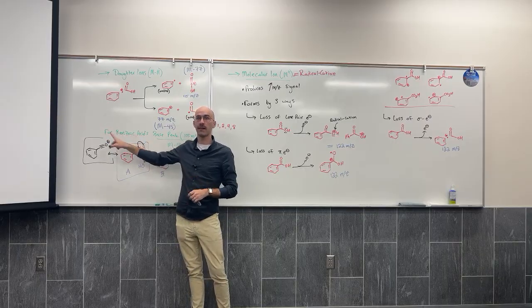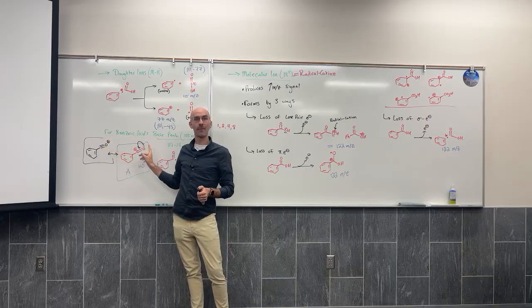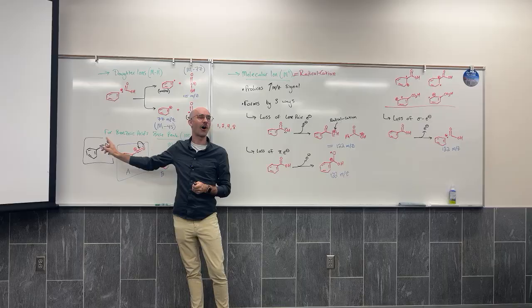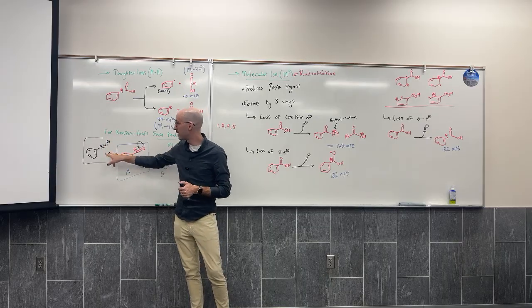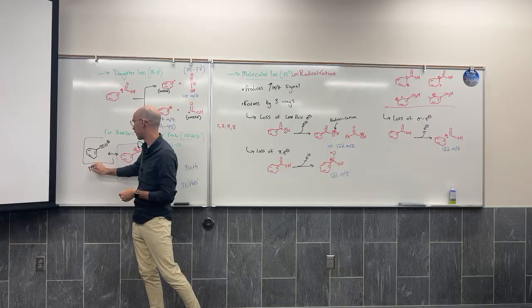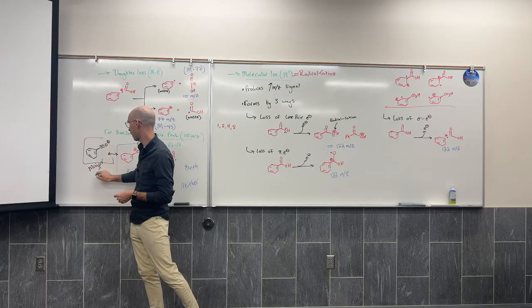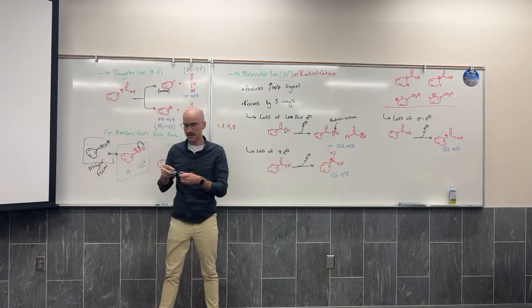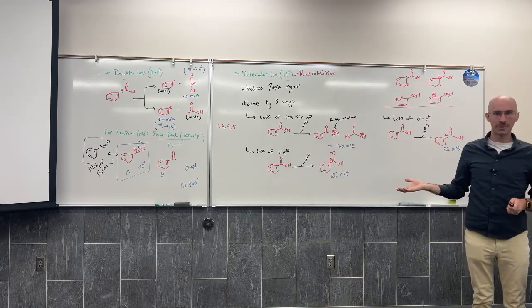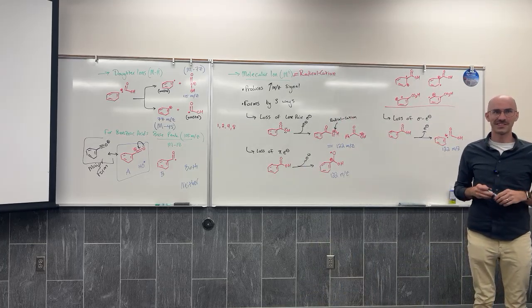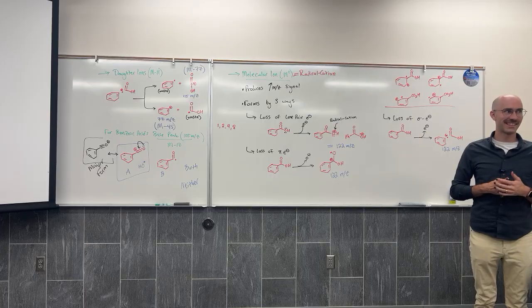Oxygen has an octet, oxygen has an octet. So I'm maximizing octets when carbon has its full octet. So this is a major contributor to the structure because it maximizes its octets. You didn't think we were done with resonance, did you? We're just getting started. Okay.